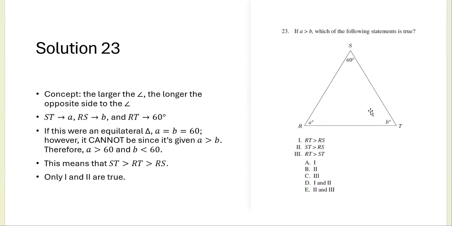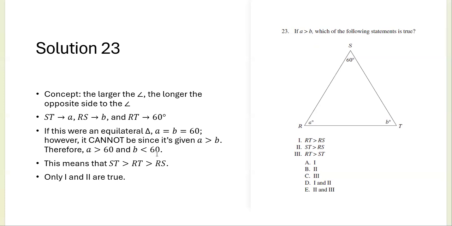But it cannot be. If A is equal to B, then it could be, this probably is an equilateral triangle. But it specifically says A is greater than B, so it will not be an equilateral triangle, okay? Therefore, since A is greater than B, A must be greater than 60, and B must be less than 60.